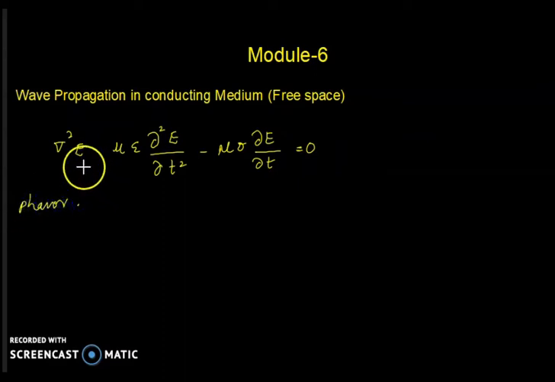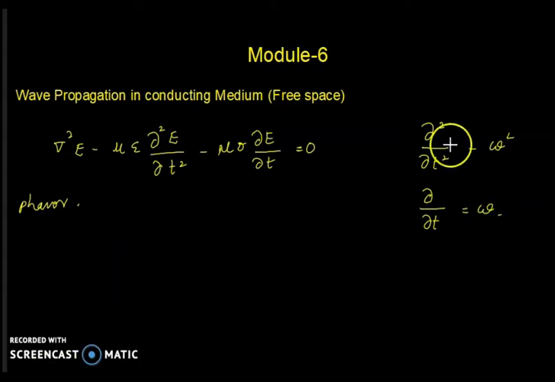The easiest way to convert a differential equation to phasor form is the technique I discussed in the last class. So replace d square by dt square with minus omega square, or d by dt with j omega.